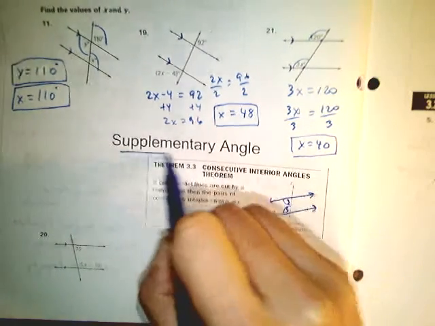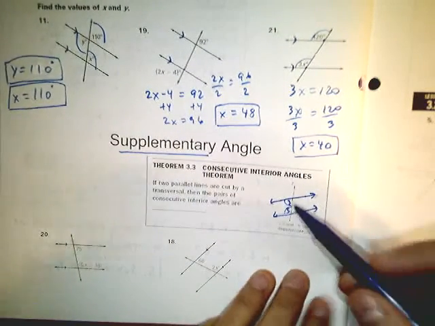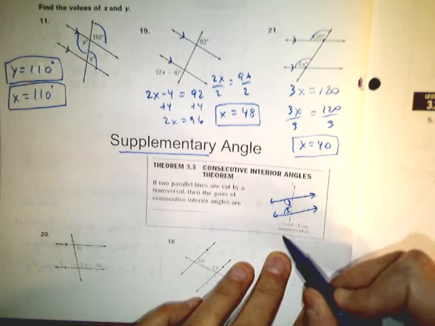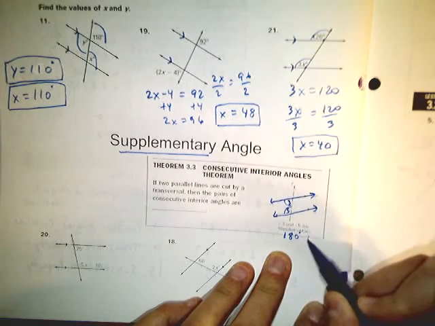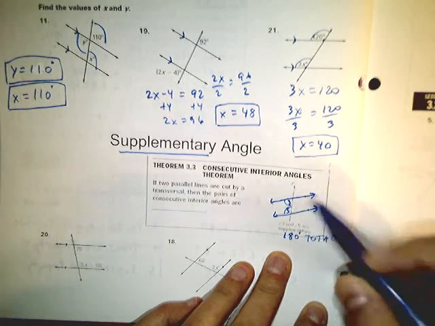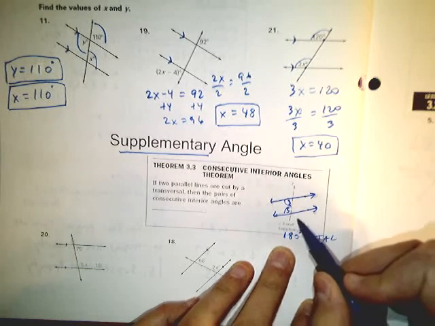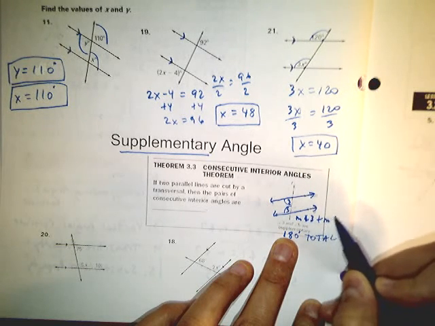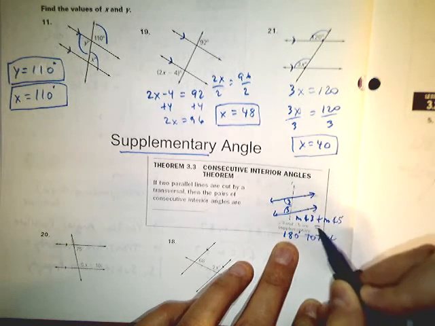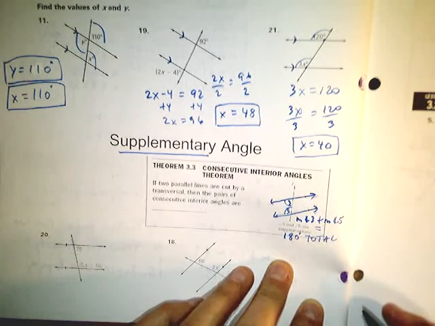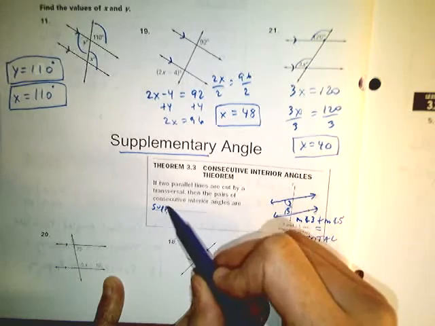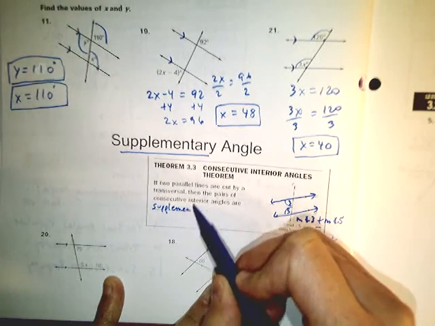They are supplementary to one another, which means that if I add up the measure of angle 3 and the measure of angle 5, they're going to add up to 180 degrees total. Measure of angle 3 plus measure of angle 5 equals 180. So, filling in this line in the theorem here, the word we're missing is supplementary.